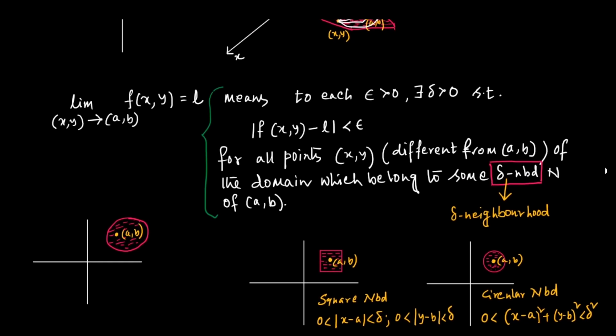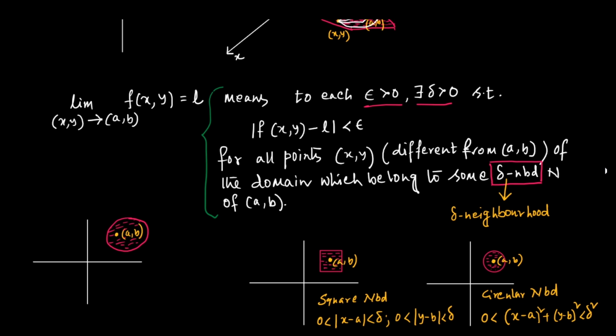Whatever epsilon I choose, there will be a delta and a corresponding neighborhood such that whenever xy belongs to that particular neighborhood, mod of f xy minus L is less than epsilon.